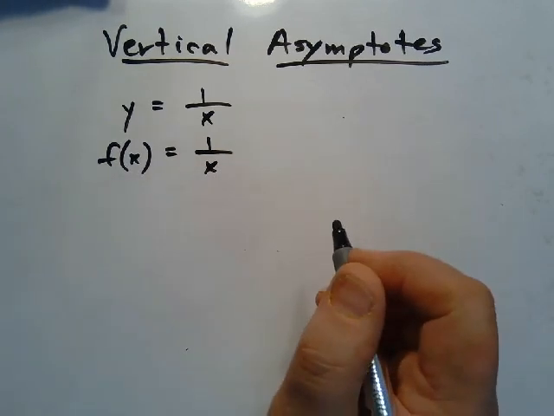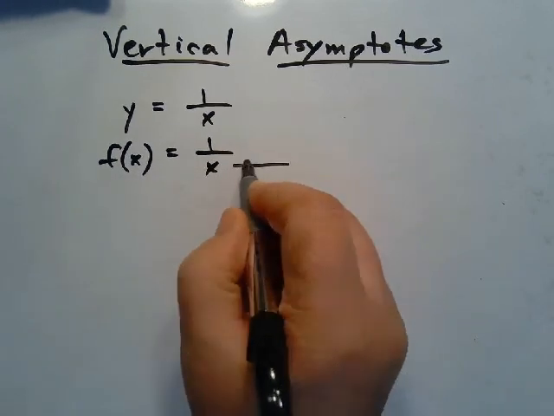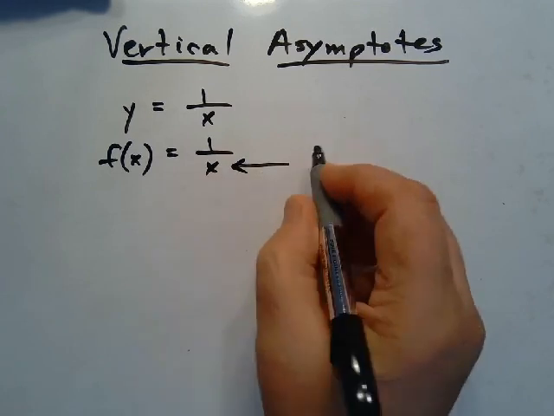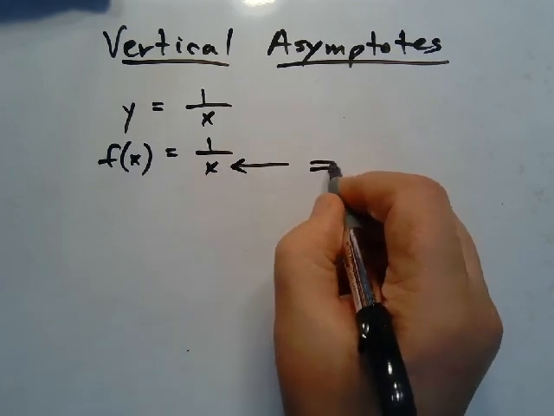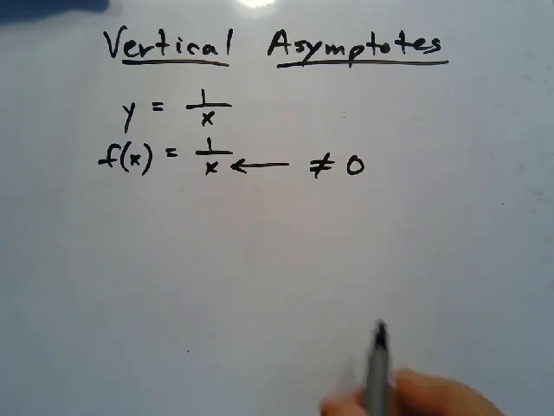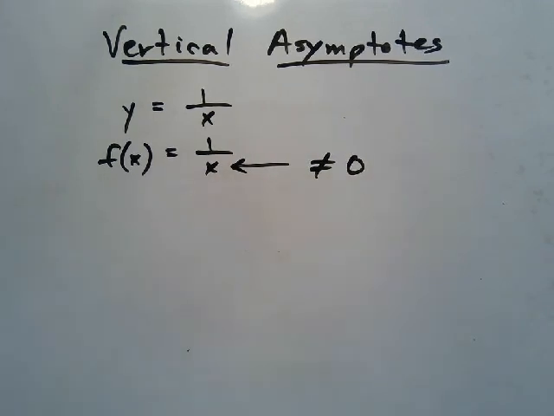All right. Now, if you recall from the previous lessons, this denominator cannot be equal to 0. Whatever is down here on the bottom cannot be 0 because an equation or a fraction is undefined if the denominator is 0.